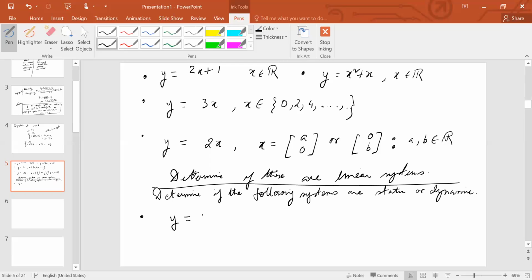So first is y is equal to x at 3t. Second is y is equal to 5 times x of t. And the third is y is equal to x at cos t. So you have to check if the following systems are static or dynamic.